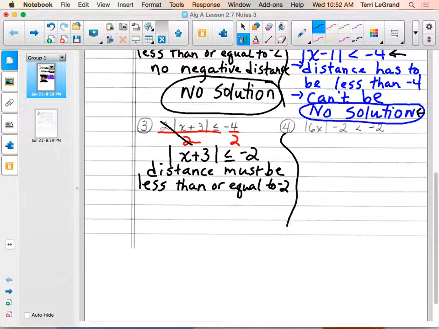That's what this is saying. Can it be? No. Do we have any positive distance? No. Starting at negative 2 and heading left? No. So we're going to say can't be. No solution.